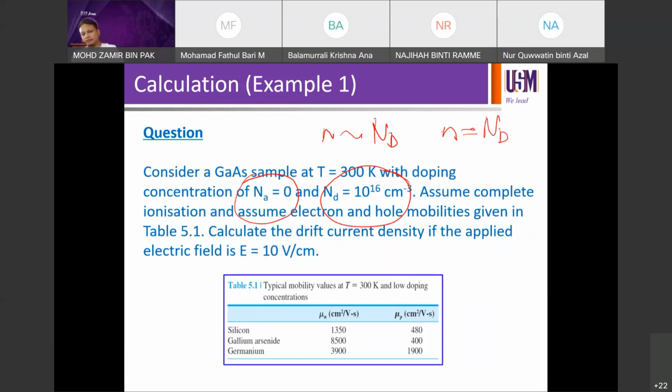Just to recap the previous concept as well. What do we assume? Anyone? What did we assume last time, to be able to say that N equals ND, P equals NA? What was the assumption that we make?